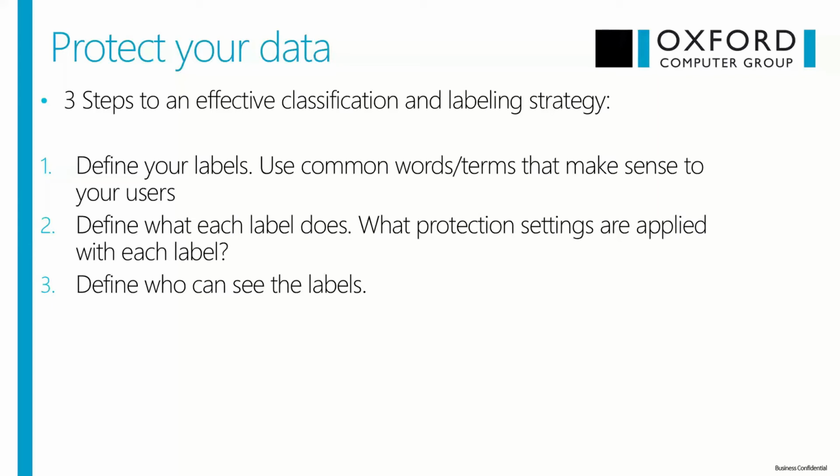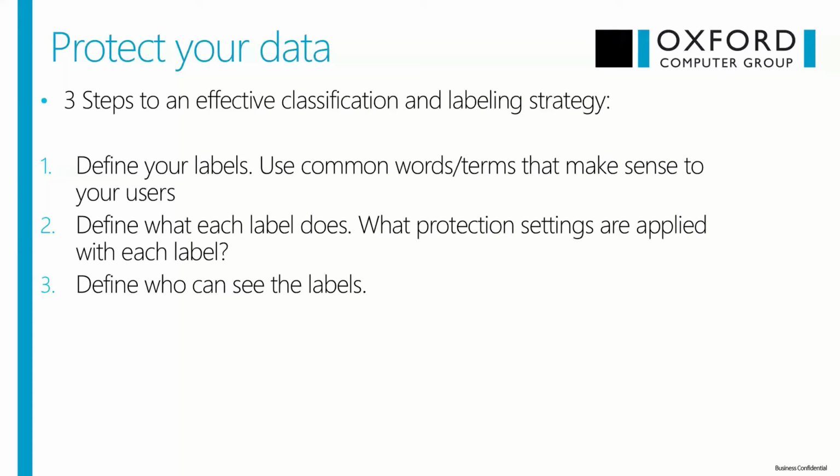Then you want to define what each label does, right? With those protection settings, or I should say, which labels are providing some sort of protection on that data asset. Is it configured to provide encryption, or is it simply providing a header and a footer to that document, a watermark, to show where it came from, or what the classification label is for that asset?